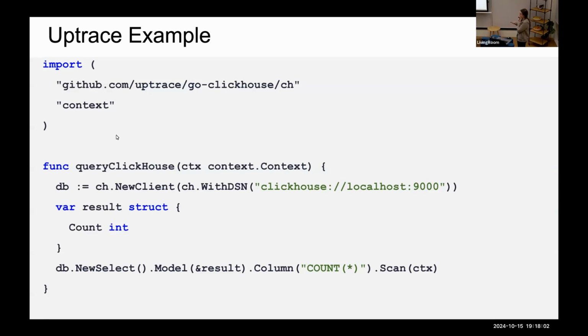And I can select the data and immediately load it into the structure that I've defined here. Here I'm using a query. So basically, if I wanted not to execute a count, but let's say select results on a column, I would just use the column name here.